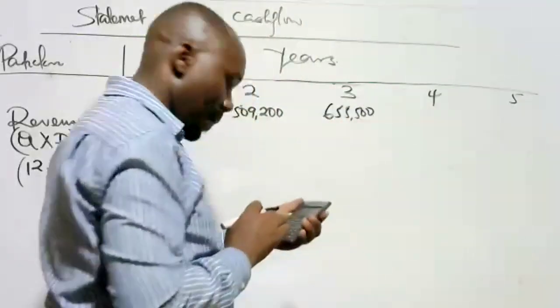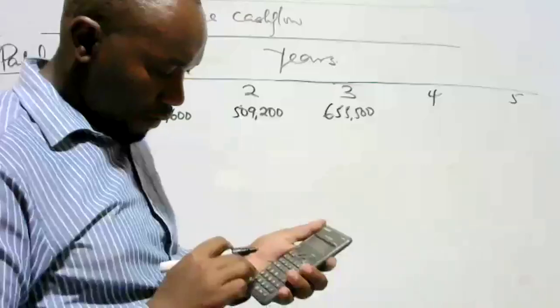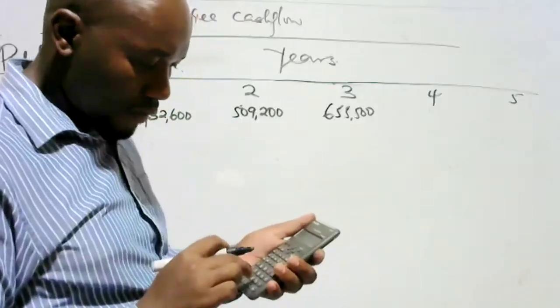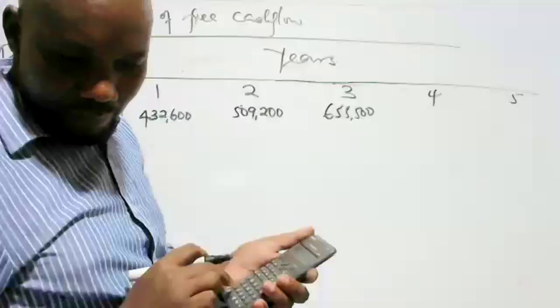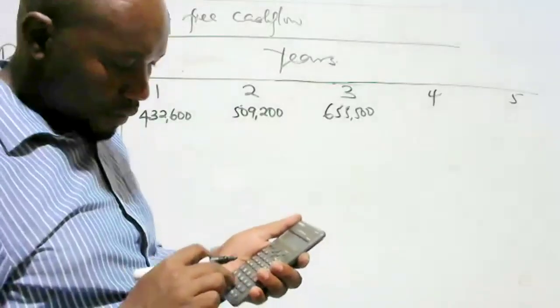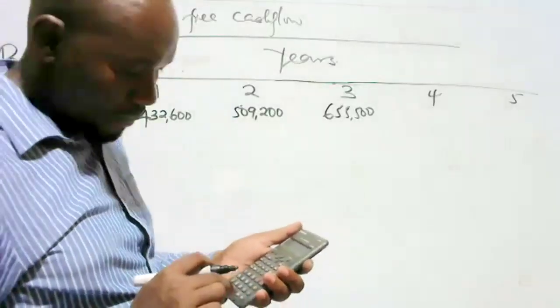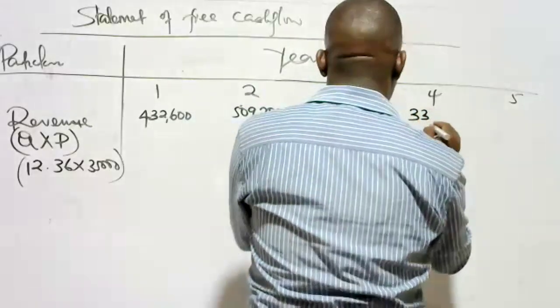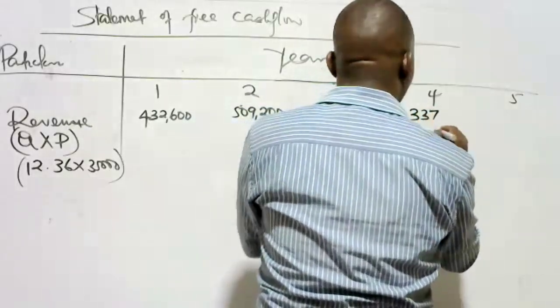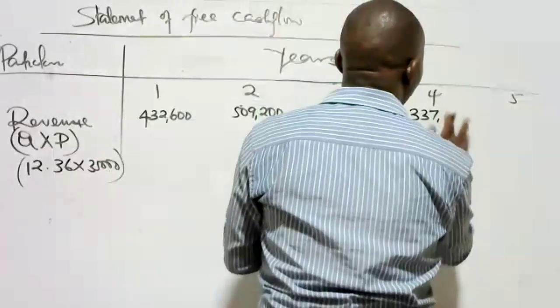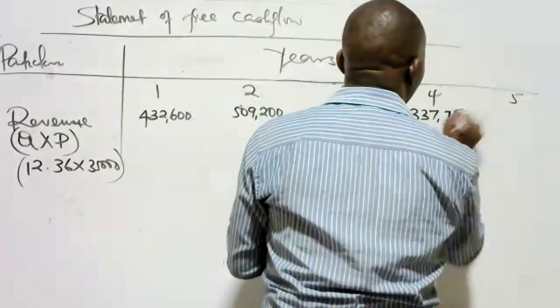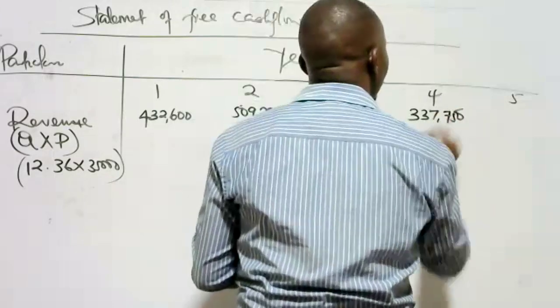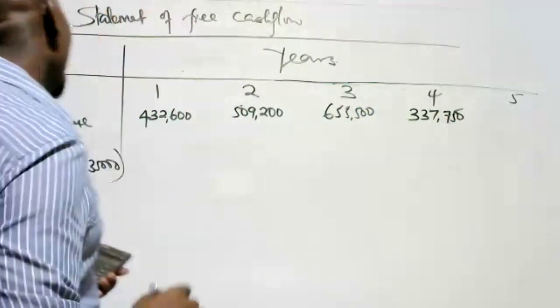Then we have 25 times 13.51. Okay, now that is revenue.